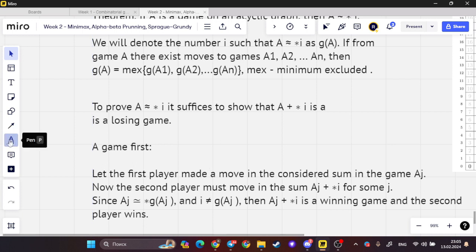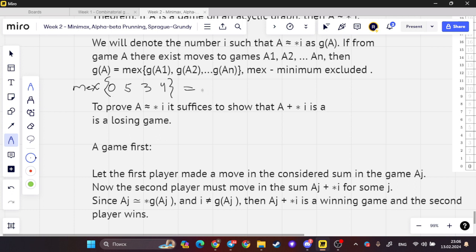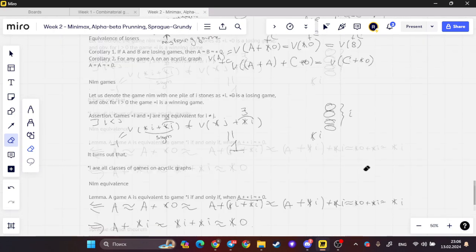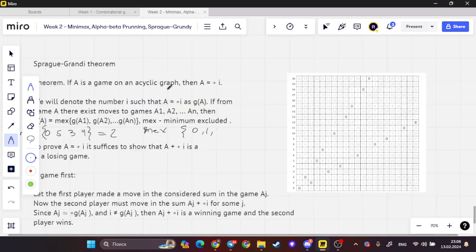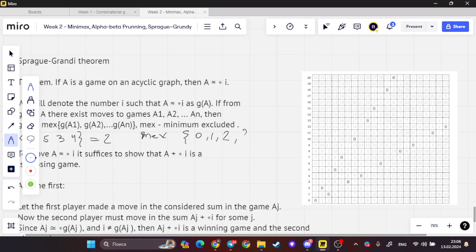For example, for the set 0, 5, 3, 4, the mex will be equal to 1, and so on.